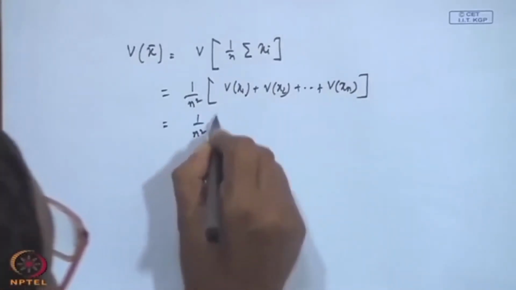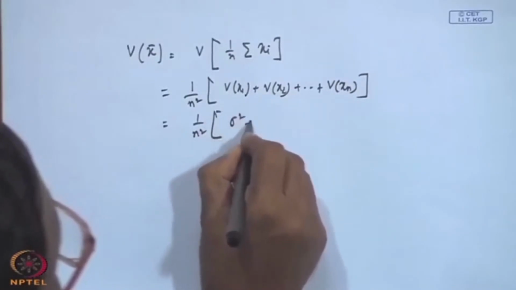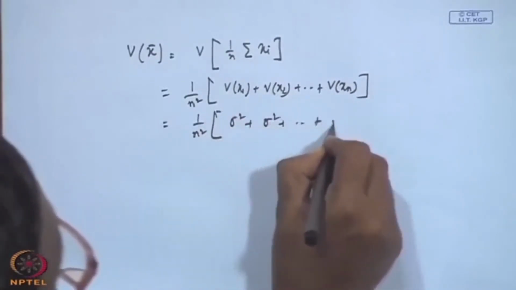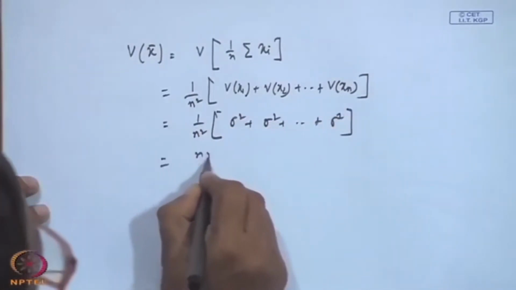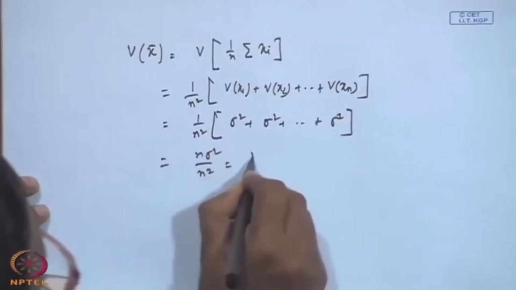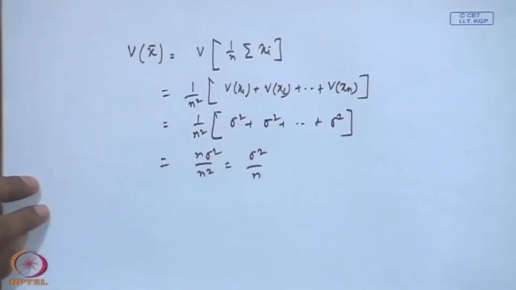So, 1 by n square times sigma square plus sigma square, and so on, plus sigma square, which will be n sigma square by n square, that is sigma square by n.